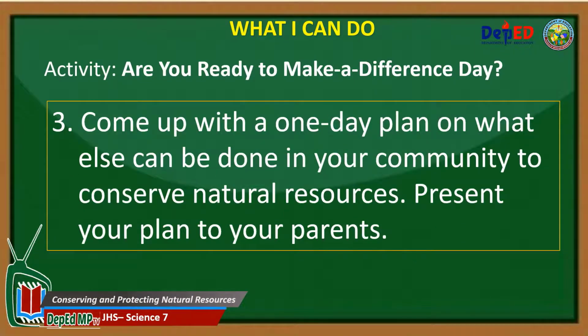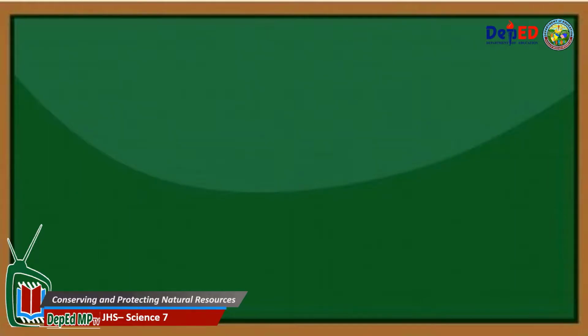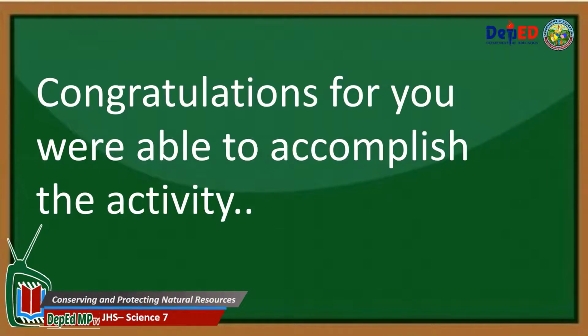Come up with a one-day plan on what else can be done in your community to conserve natural resources. Present your plan to your parents. Congratulations, for you were able to accomplish the activity. Do not forget to include your output with your answer sheet during submission.